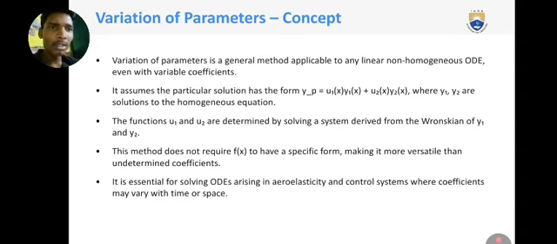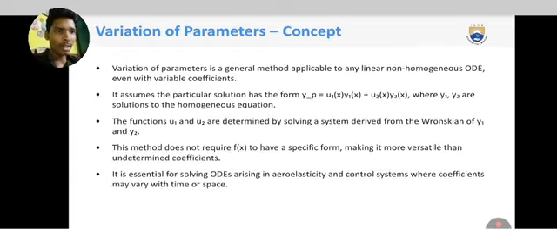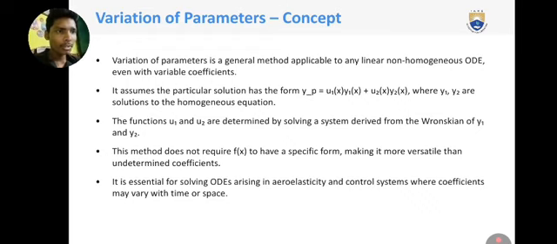It assumes the particular solution has the form y p is equal to u1 x times y1 x plus u2 x times y2 x, where y1 and y2 are solutions to the homogeneous equation. The functions u1 and u2 are determined by solving a system derived from the Wronskian of y1 and y2.